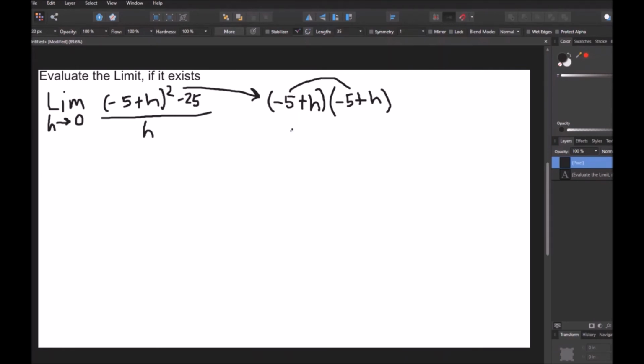Then I'm going to FOIL it out. So negative 5 times negative 5 is 25. Negative 5 times h is negative 5h. h times negative 5 is negative 5h. And h times h is h squared. And this can be simplified into 25 minus 10h plus h squared.